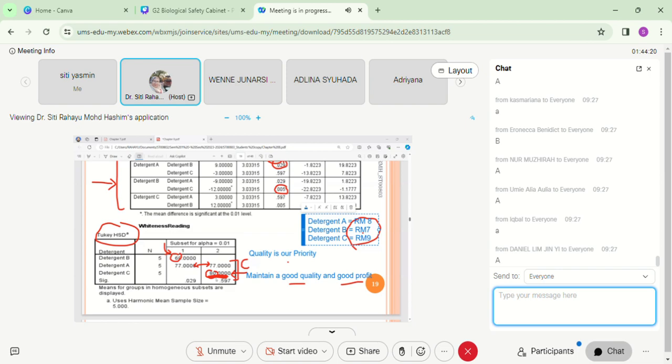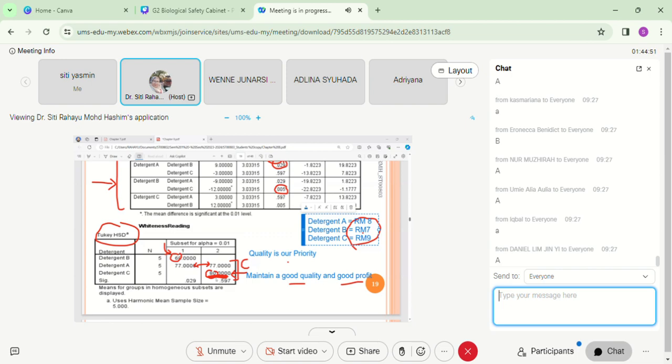Yeah, more or less similar. Nampak tak? So since that detergent A and C has no significantly differ in terms of the whiteness reading, and yet detergent A give you lower costs in terms of the detergent, the price of the detergent per kilo, then the best decision is to go for or to buy detergent A for all of the laundry franchise.